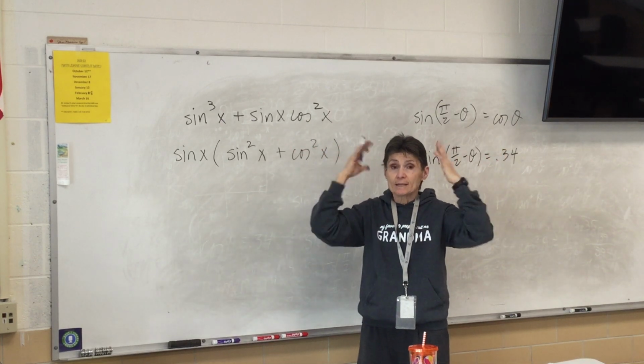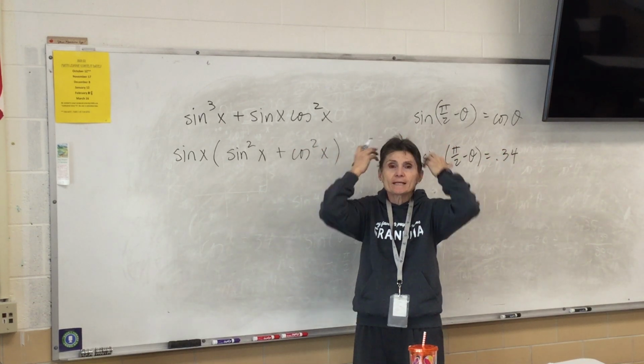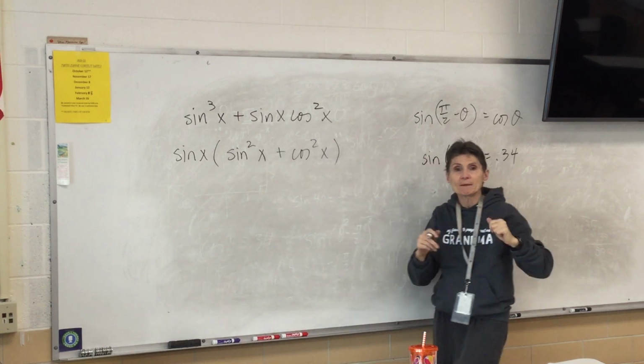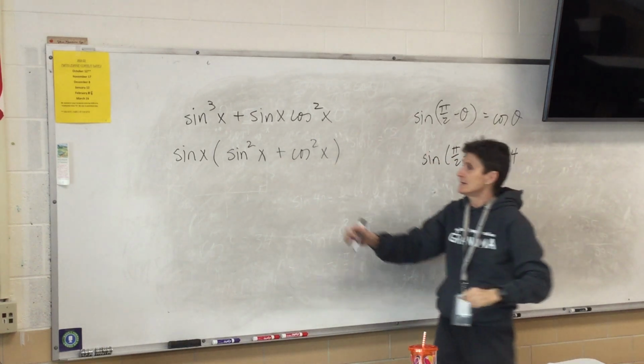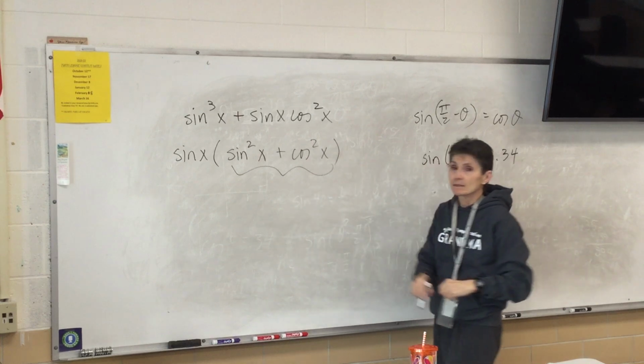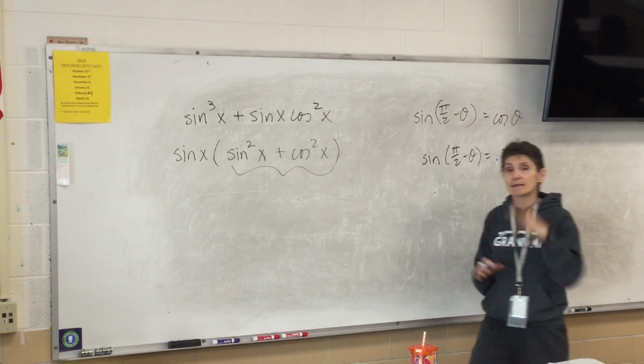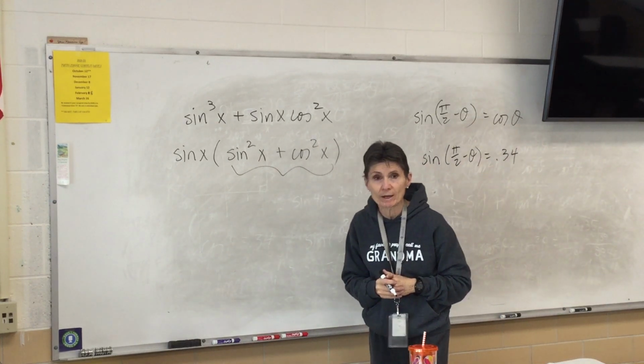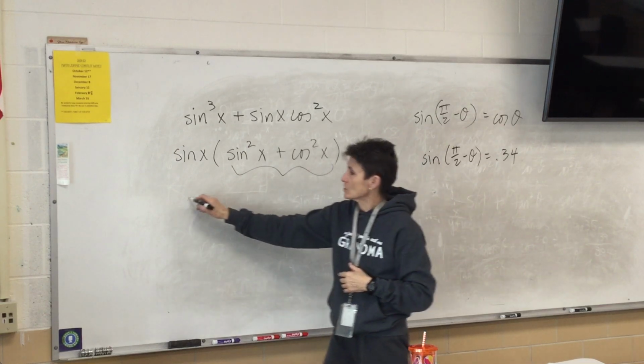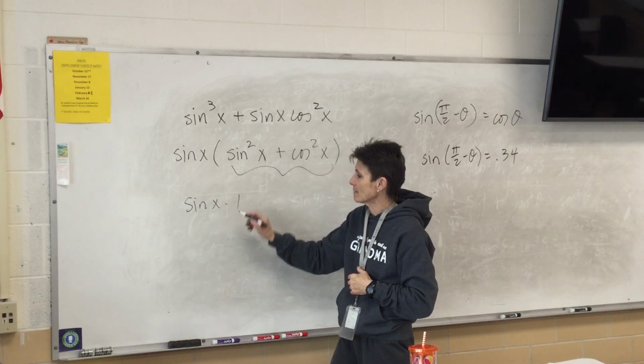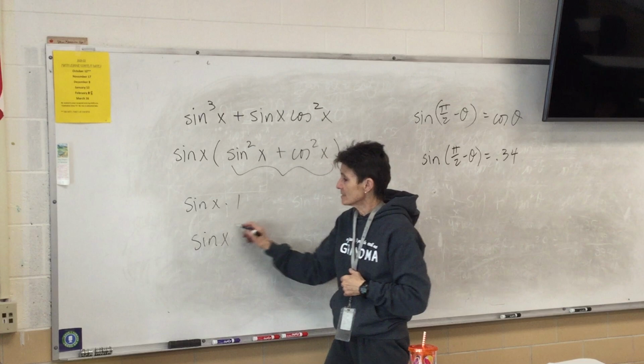Look at your identity sheet. The fundamental trigonometric identity, the big one, is right here. We love that identity because what's sine squared plus cosine squared? 1. So you have basically just sine times 1, which is sine.